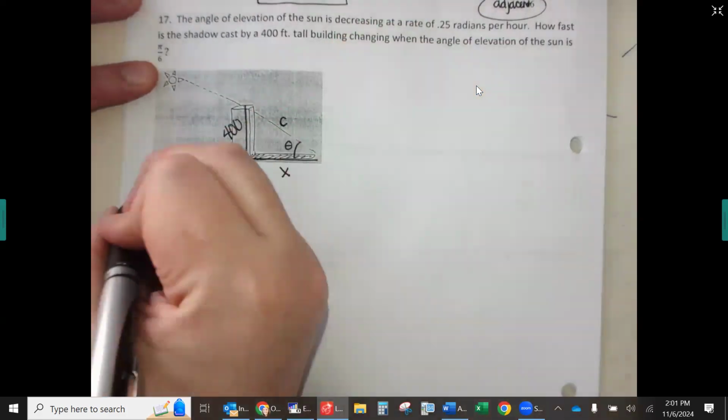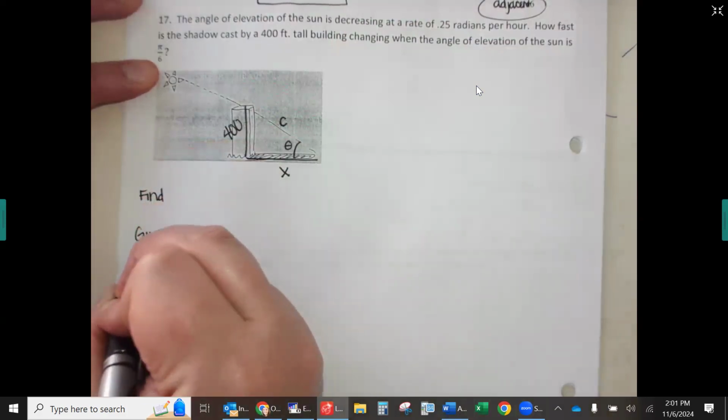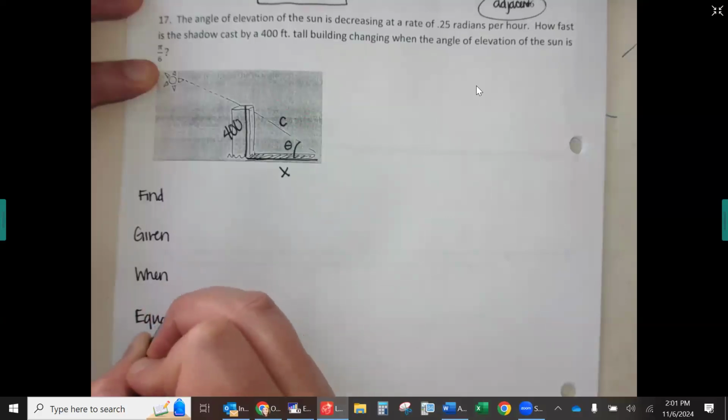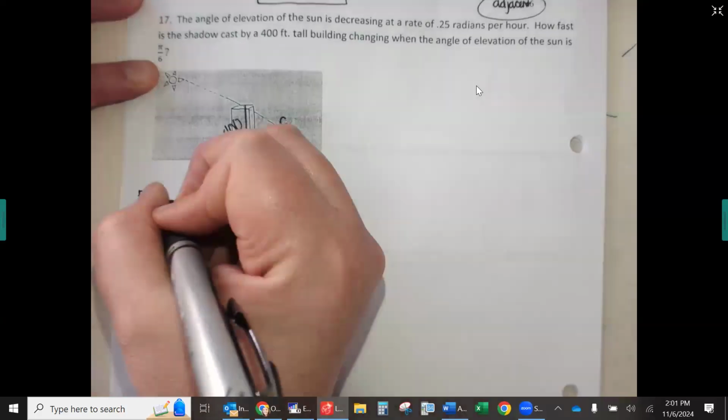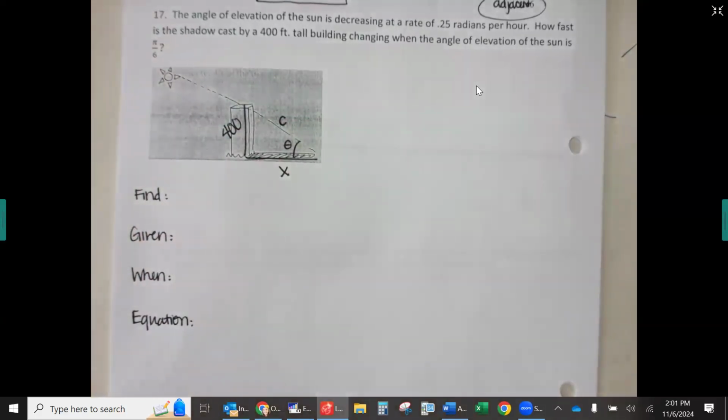So now what I want you to do is your find, your given, your when, and your equation.